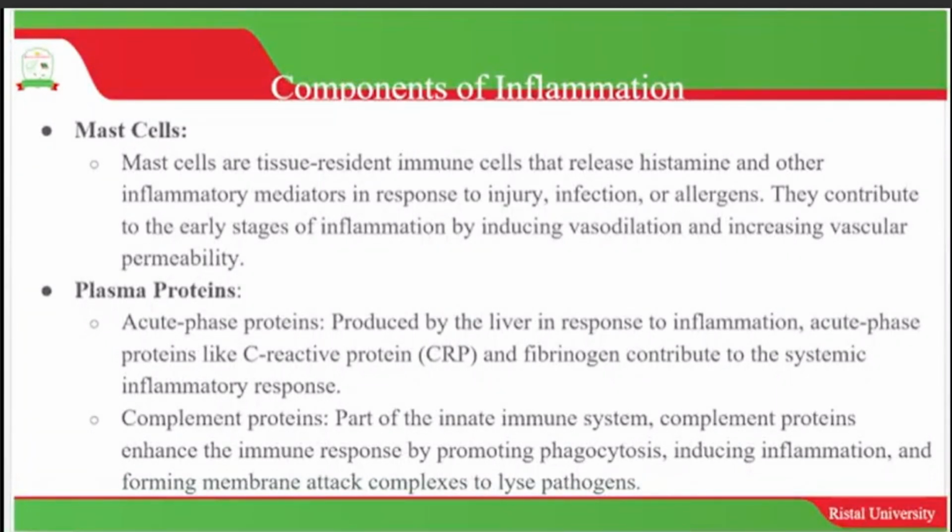How? By inducing vasodilation and increasing vascular permeability. So we have seen that these mast cells are tissue-resident immune cells that release histamines and other inflammatory mediators in response to injury, infection, or allergens.